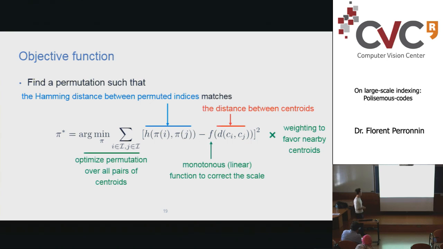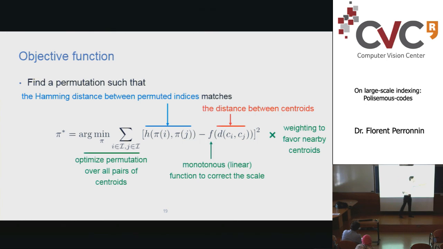And then, of course, we have to add a couple of terms. So the optimization is over all pairs of centroids. Here we have to add a linear function to correct the scale, because if you have 4 bits per code, the Hamming distance is between 0 and 4, while here the distance might be completely arbitrary, between minus infinity and plus infinity.